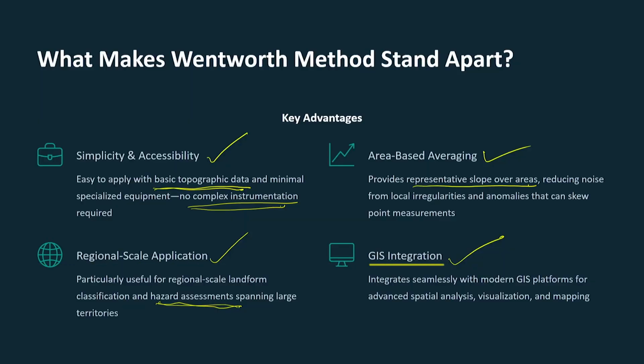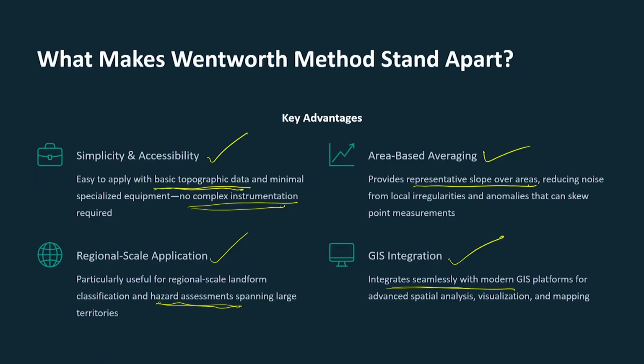Also, the final point that is the highlight of it, though developed in the 1930s, it is still compatible and integrates seamlessly with modern GIS platforms for advanced spatial analysis as well as visualization and mapping. So, these are all points that make Wentworth's method stand apart from the other methods around the same time.